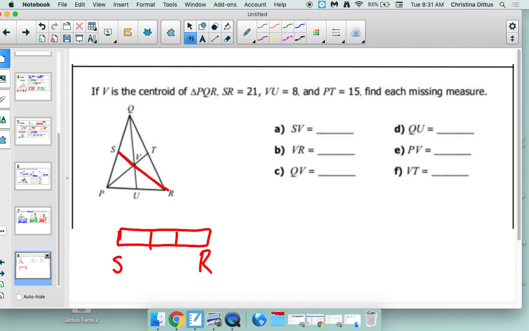On the left, because SV is smaller, VR is bigger. It says the whole thing SR is 21. So each one is 7. So SV is 7, and VR is 14. Nice.